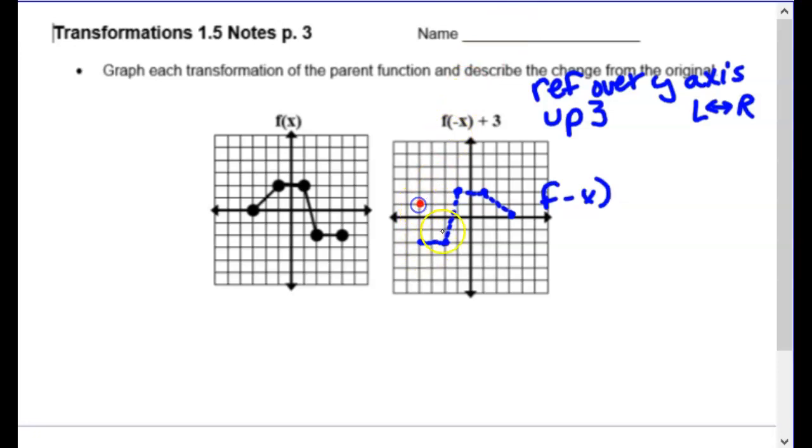So all of those dots move up exactly 3. Now it should be exactly the same size and shape, but it has flipped left to right and slid up 3. Because one was a horizontal flip and one was a vertical, it wouldn't have mattered which we did first, it would be the same on that one.